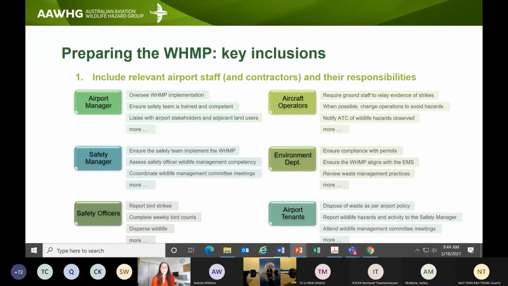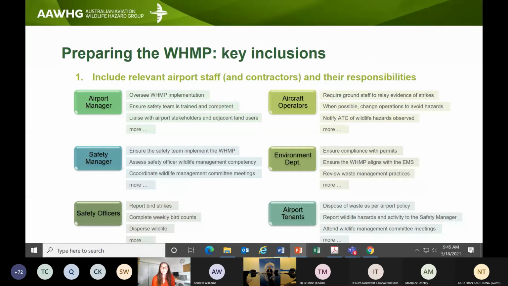Another example there might be the safety manager or the safety team leader or the head of the safety department to ensure that all the safety team are competent in their roles, that their team are implementing the WHMP in accordance with the requirements of that plan, and they might also be responsible for coordinating wildlife hazard management committees and so forth. So there are a lot of responsibilities associated with wildlife hazard management, whether it be administrative or operational.